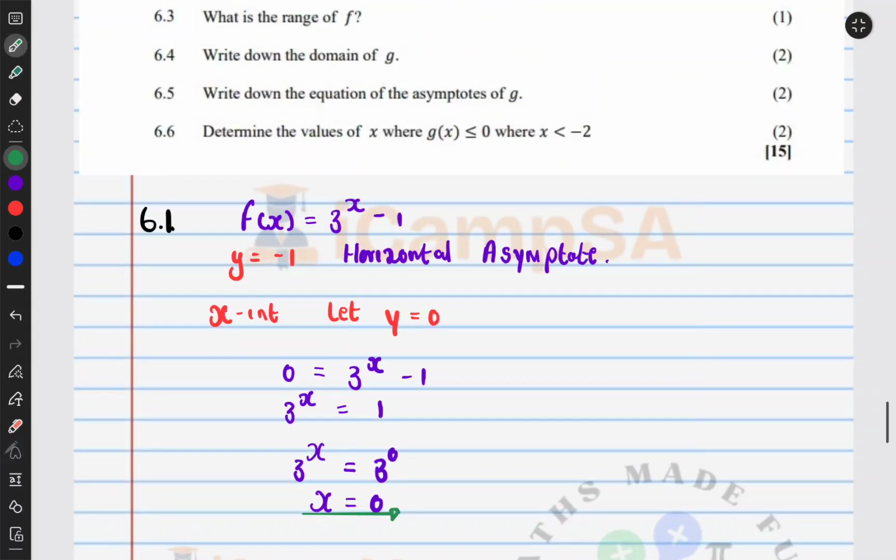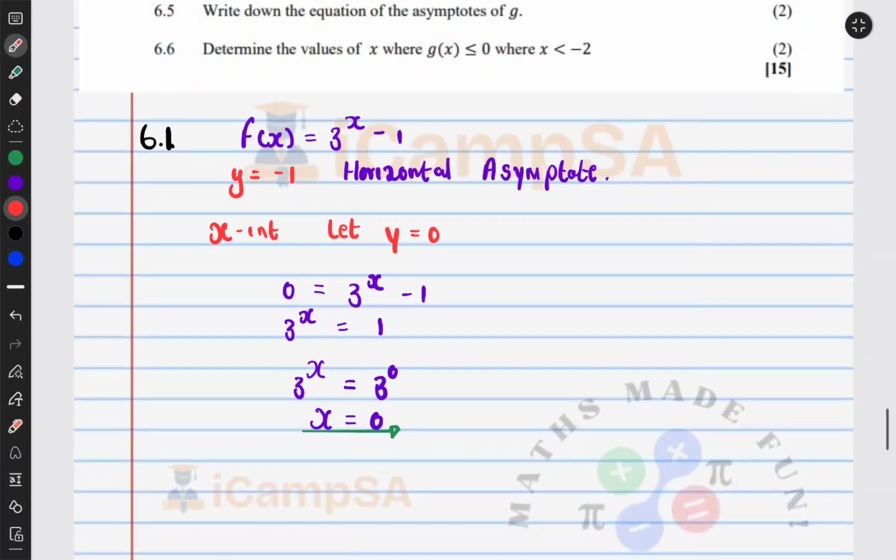And then next, let's find the intercept where x is equal to 0. That is the x-intercept, which would essentially be the y-intercept as well, because the y-intercept is at x is equal to 0.